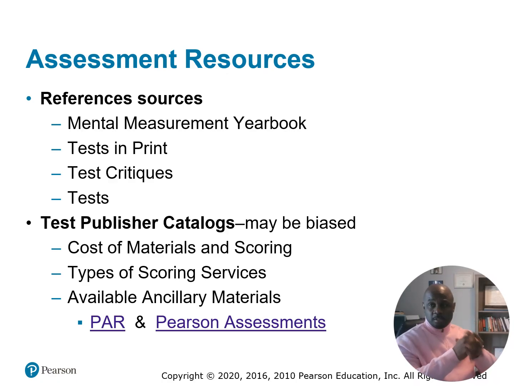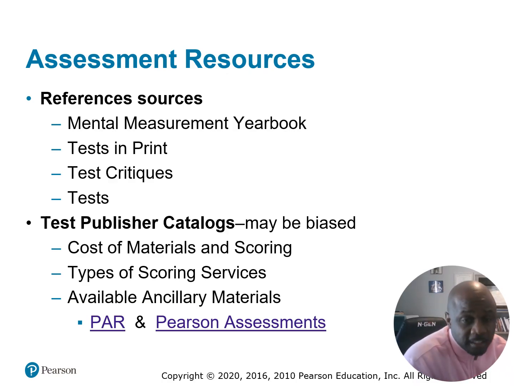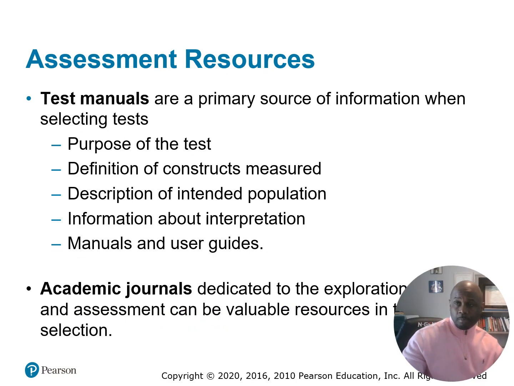So resources, you have the Mental Measurements Yearbook, Tests in Print, and test critiques. You have test publisher catalogs. They give you the cost of the test, the types of scoring and services that are available, and any other information that's pertinent to that test. Test manuals are really the primary way we look at the test and see how we're supposed to administer it.